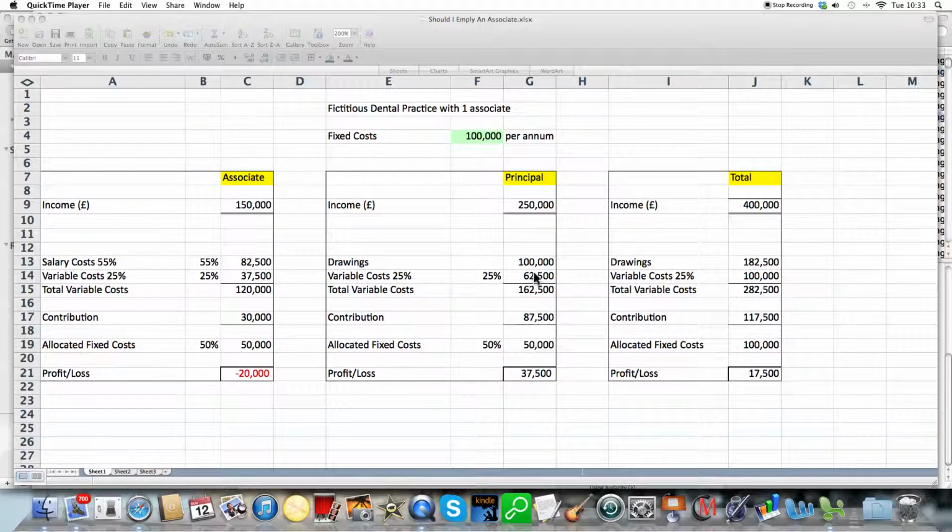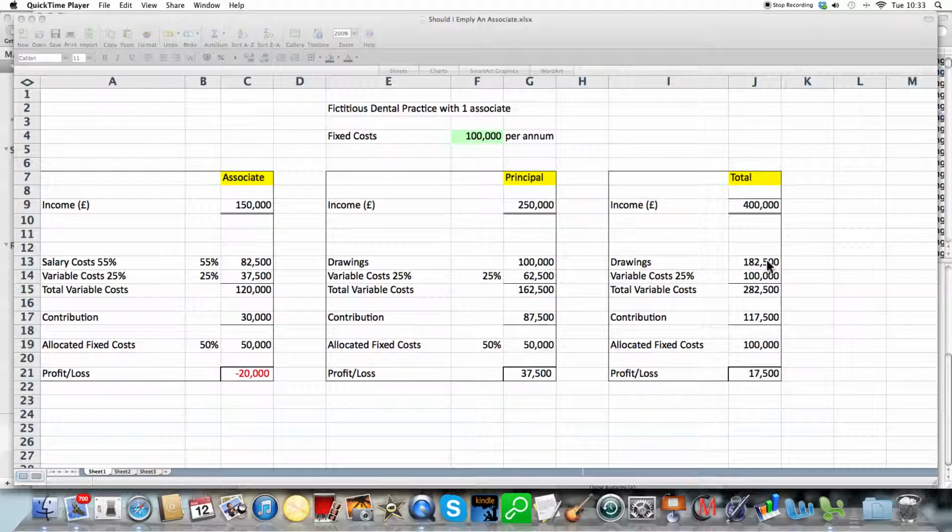You've got your variable costs, giving you a total cost. You're making a contribution of 250,000, take away 162, leaves you with 87. You allocate in your fixed costs, half of the £100,000, and you're making a nice healthy £37,500, so you don't have to sack yourself. Good news all round.